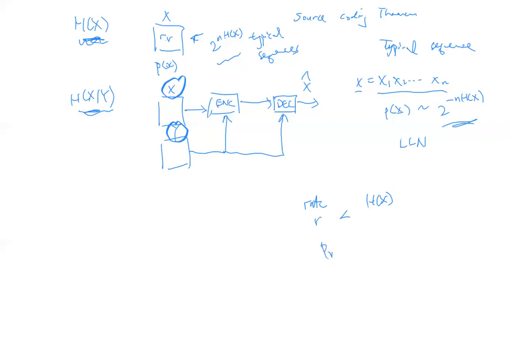So therefore the probability that x is not equal to x hat won't be 0, something like that.